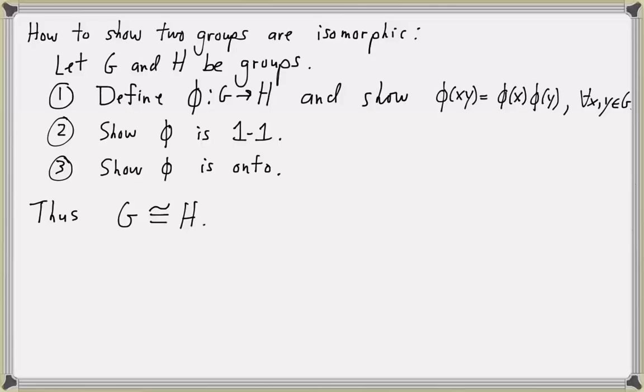Now the big theorem we proved in the last lesson can be used to show that two groups are not isomorphic, and we actually showed one example already of two groups that are not isomorphic. If two groups do not have the same structural properties, then they can't be isomorphic. So let's discuss how to show two groups are not isomorphic.